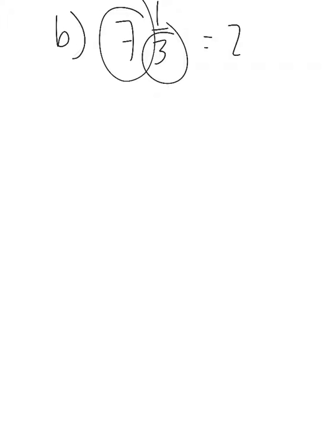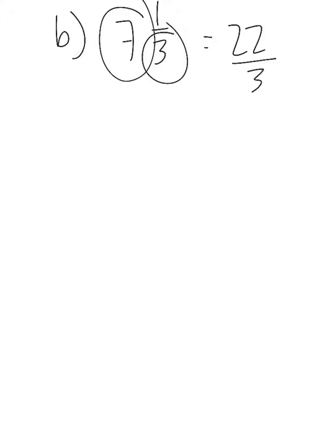Alright, so part B was 7 1/3. To convert that from a mixed numeral into an improper fraction, we're going to multiply the big number with the denominator, 7 3s are 21, and add the 1, which is 22. And we're going to keep the denominator, which was 3.